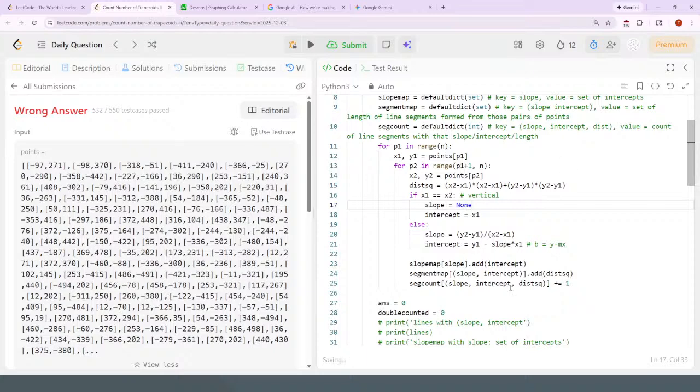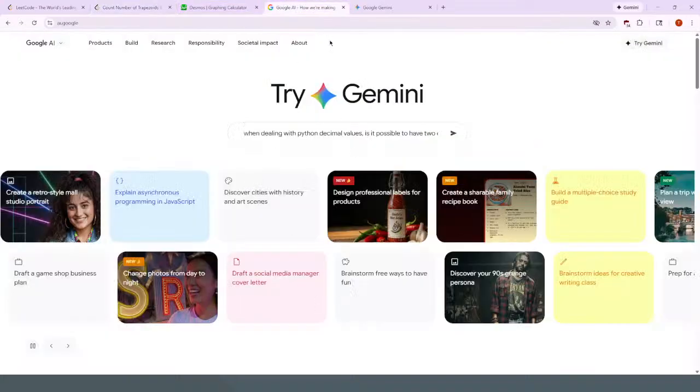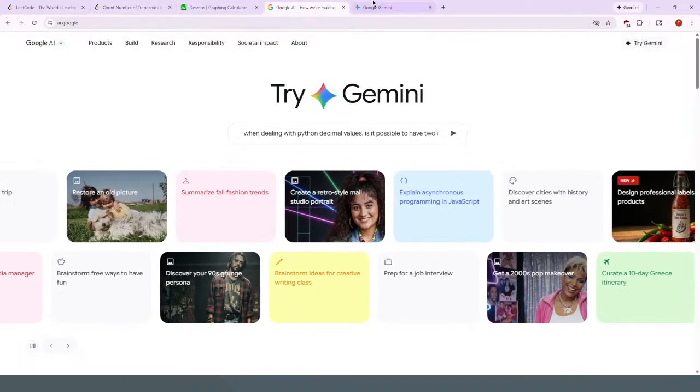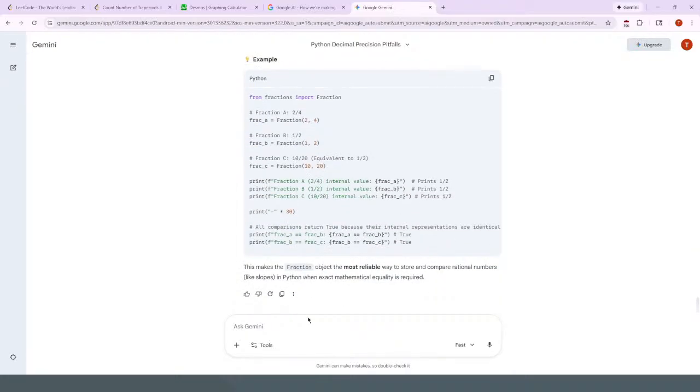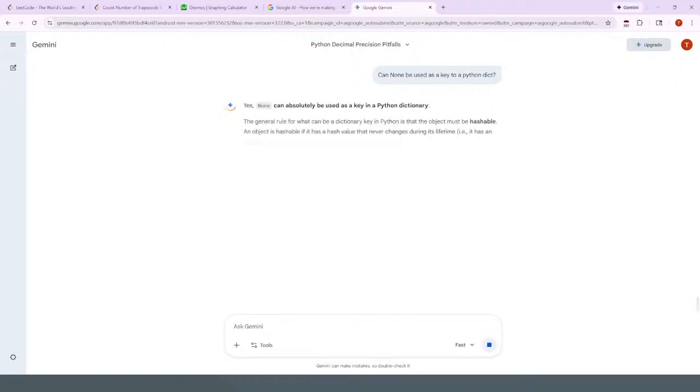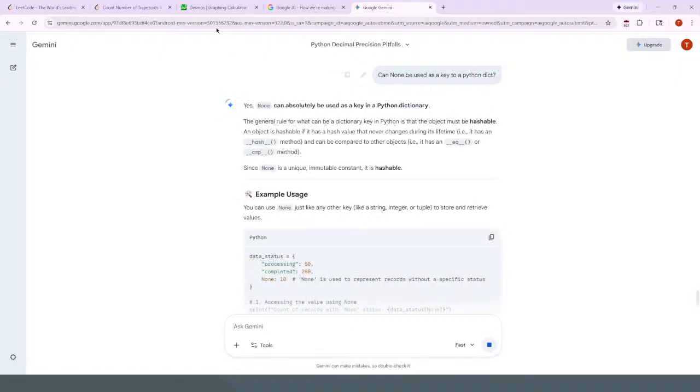I wonder if that works. Google Gemini: can None be used as a key to a Python dictionary? I've never done that, I don't think. Okay.